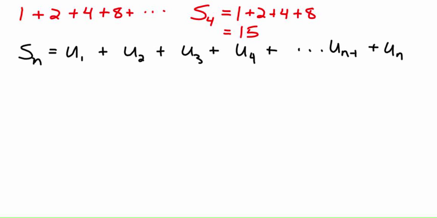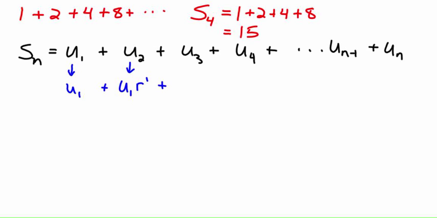But we can write these all using u of 1 and our common ratio. u of 1 is u of 1 times r to the 0 power, but I'm just going to leave it at u of 1. And then u of 2 is u of 1 times r, our common ratio, to the first power.